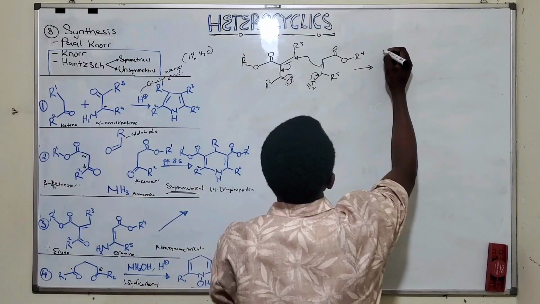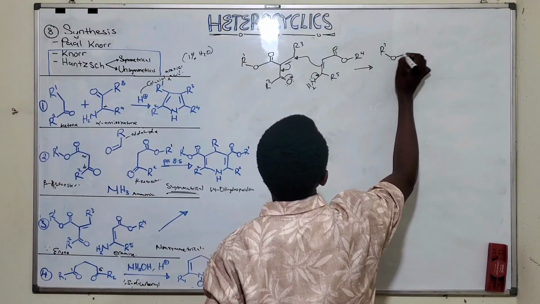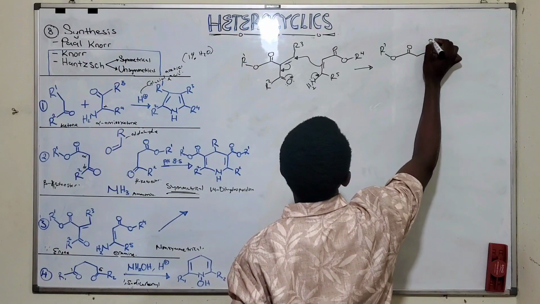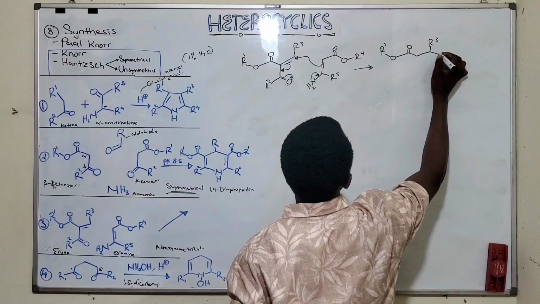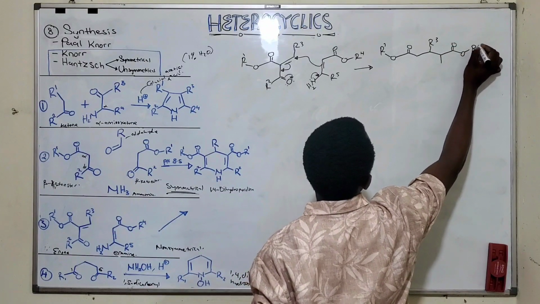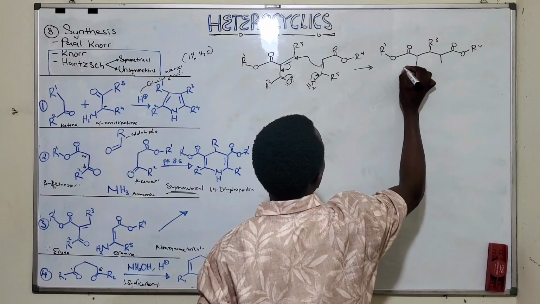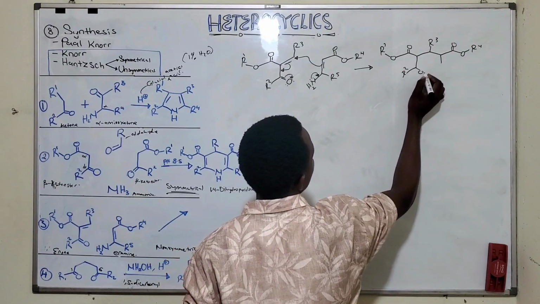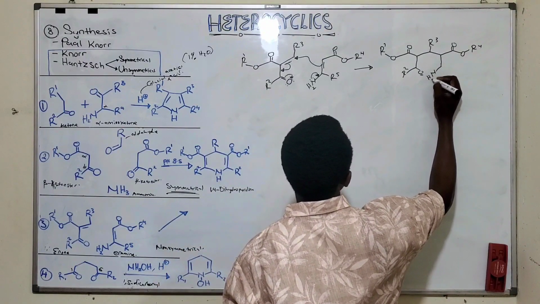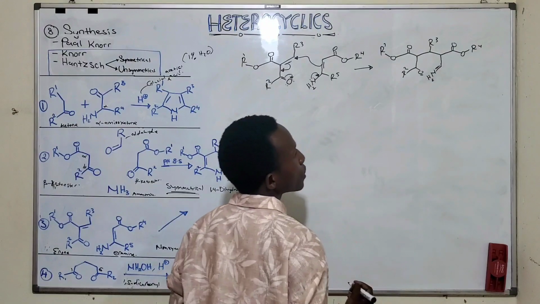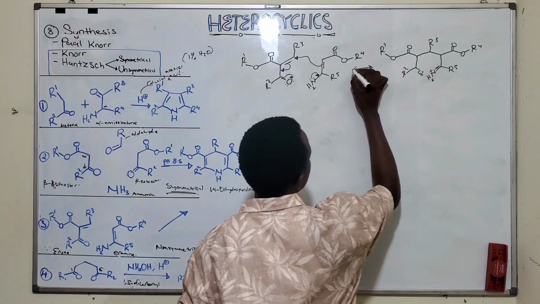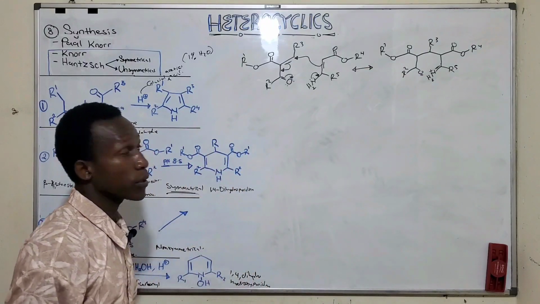So we have R1, then R3 upwards, R4, R2, this is O minus now, and the NH2 has formed a bond, so it is plus. R5. So that's what we are having.